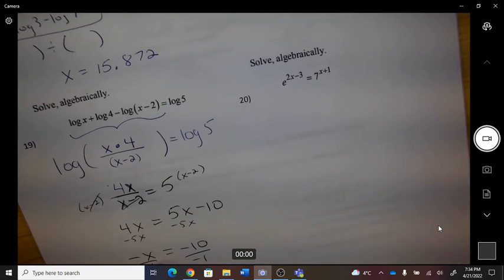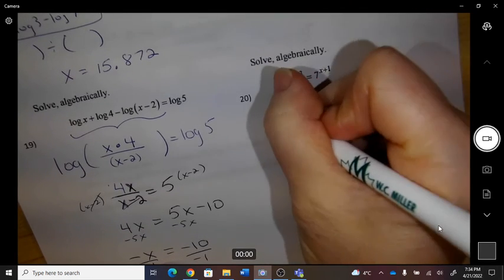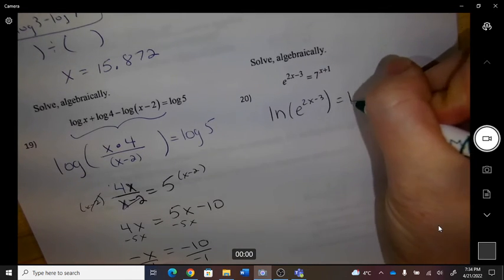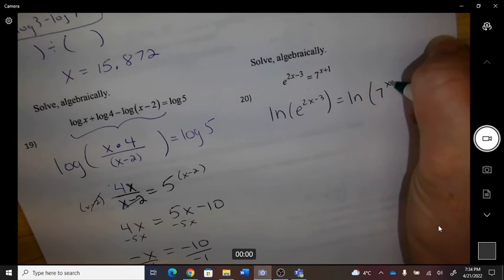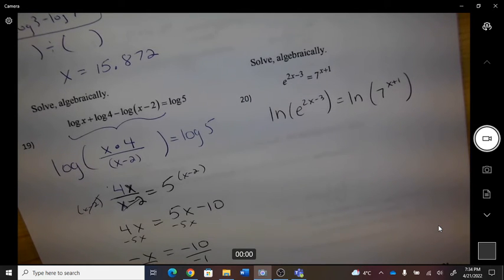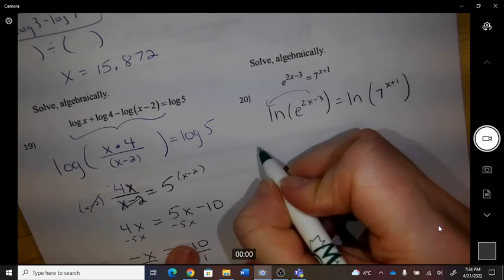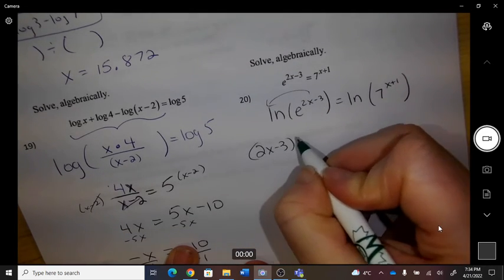Okay, on this one, you can do the log of both sides, or you can do the natural log of both sides. Sometimes when I see an e, then I do that, because there is a step where it will cancel out, making your math easier here. So the rule, this exponent will go in front.